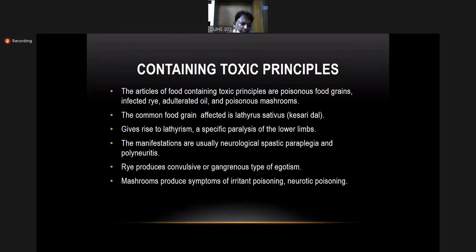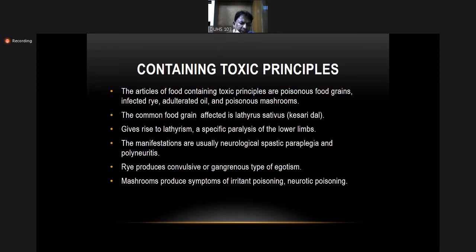Rye produces convulsive or gangrenous types of ergotism. Ergot is a food particle that causes food poisoning, or ergotism.